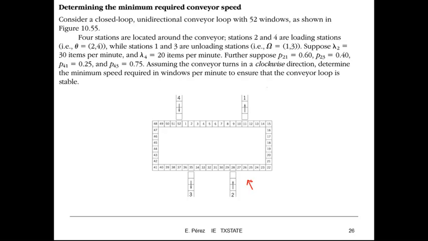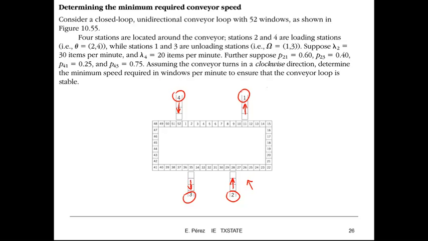Stations 2 and 4 are loading stations. So 2 and 4 are loading, so that's why we have these arrows pointing in that direction. While stations 1 and 3 are unloading stations. So we have 1 and 3, and for those items are going out.